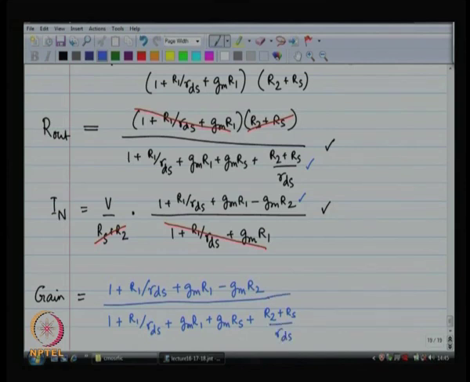So this is the net gain of the circuit. Okay. Now, let us do a couple of approximations.